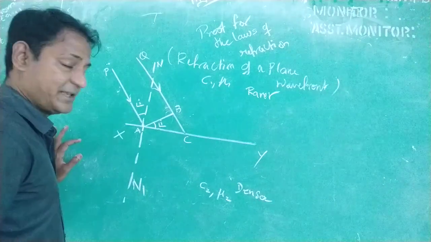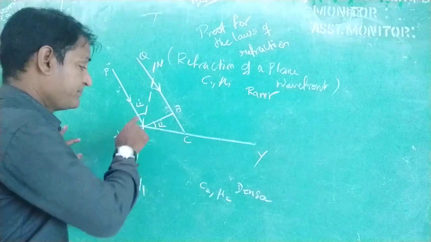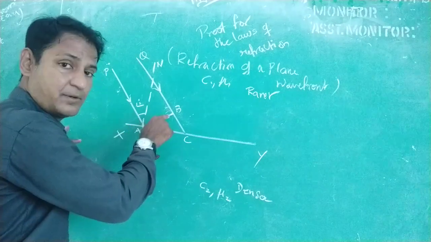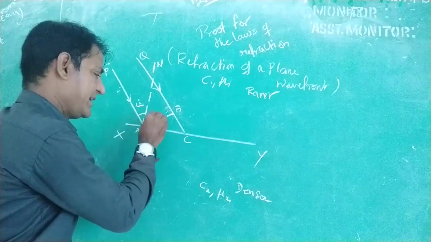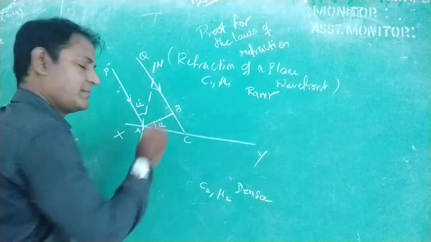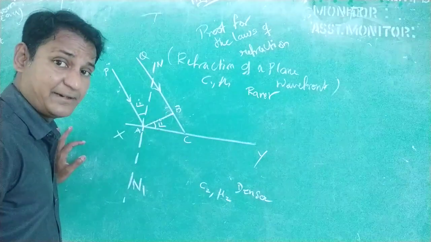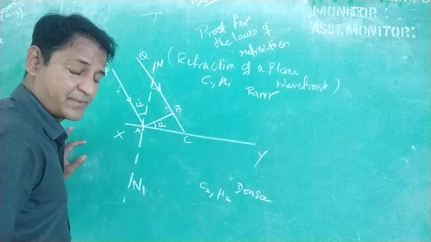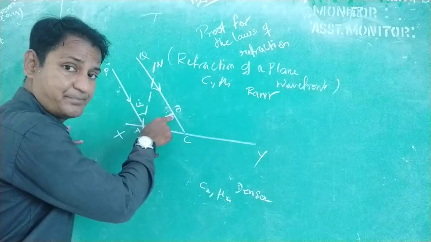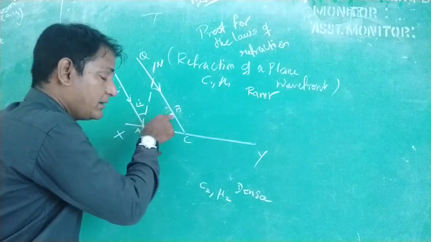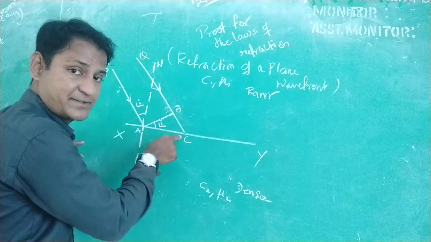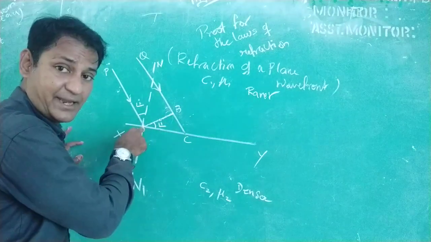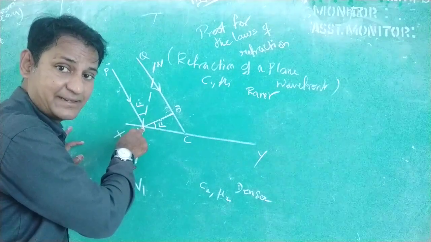Now, as usual, according to Huygens' principle, this is the plane wavefront, and each point on this plane wavefront acts as a source of secondary wavelets. Now, by the time the wavelet from the point B reaches C, a wavelet from A would have traveled a distance.